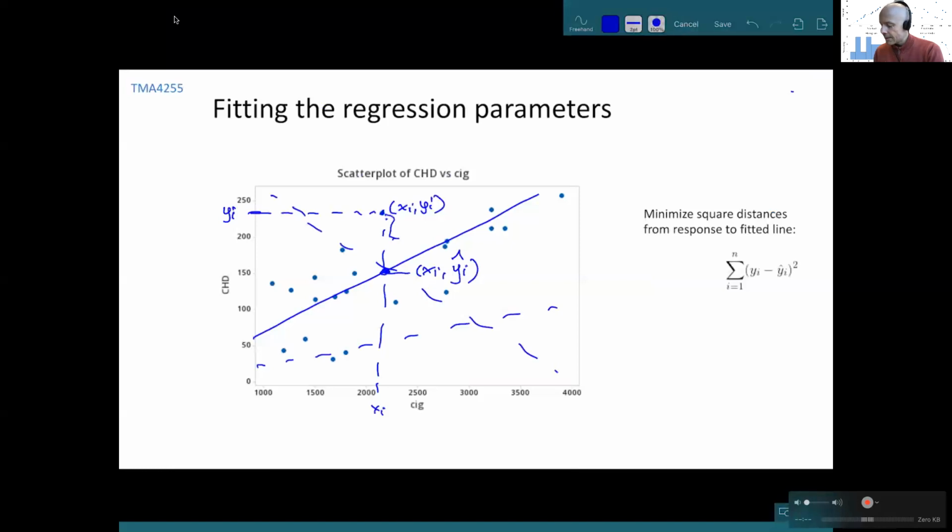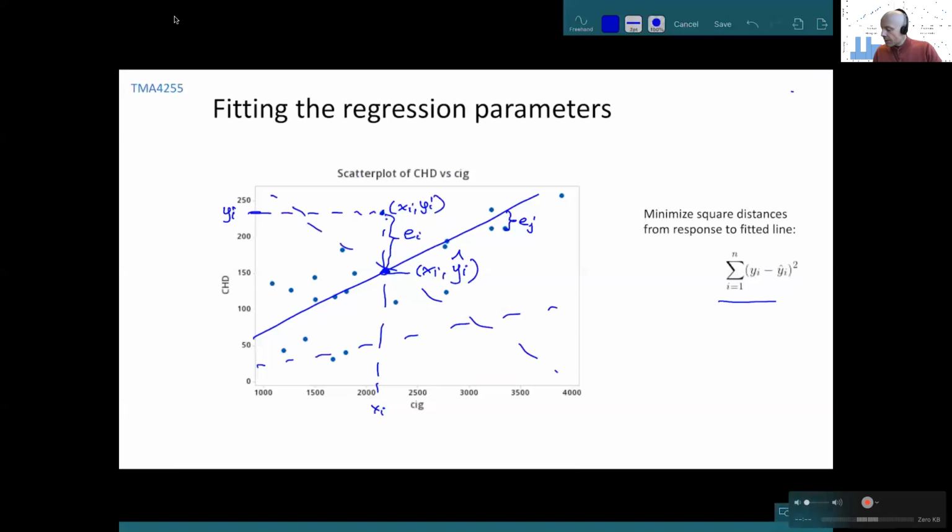And this distance is sometimes referred to as ei, the empirical residual in the model. We take the data and we look at its distance from the line. We have the same here. This is another pair, ej, another empirical residual. So to get the best line, we minimize the sum of square residuals in this way.